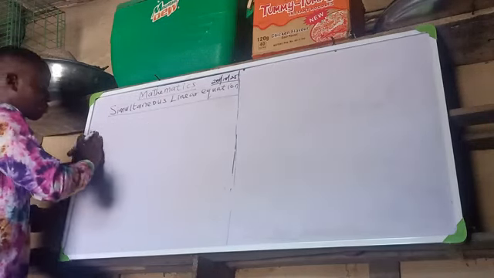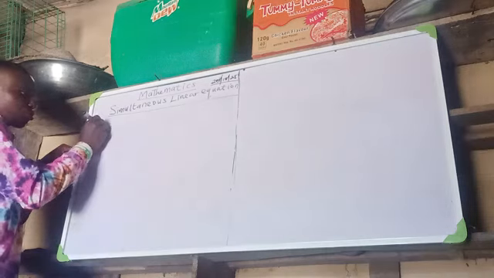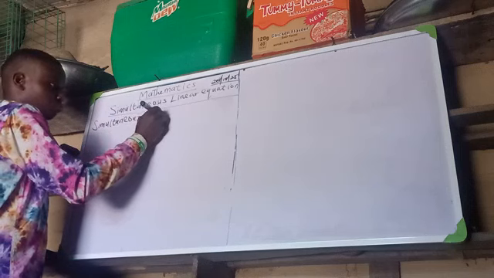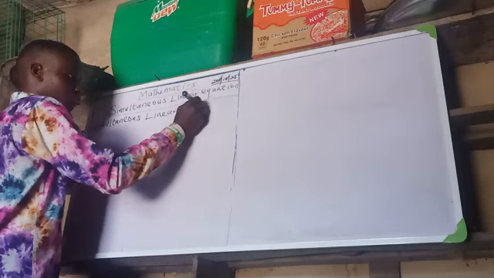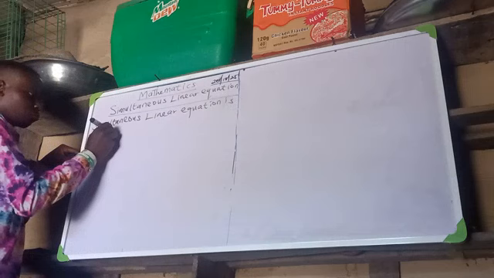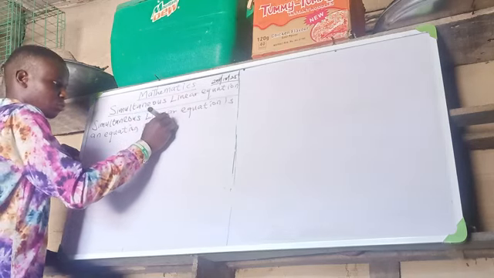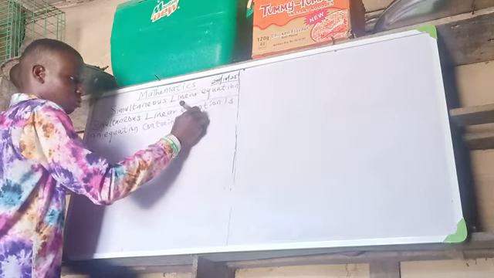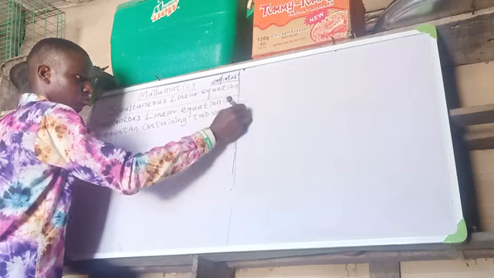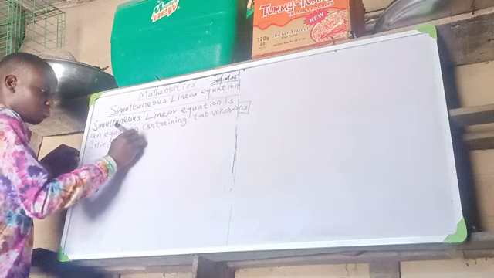So I have something like this. Simultaneous linear equation is an equation containing two unknowns solved at the same time.